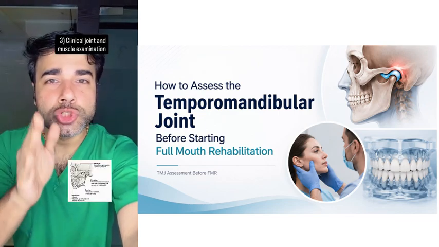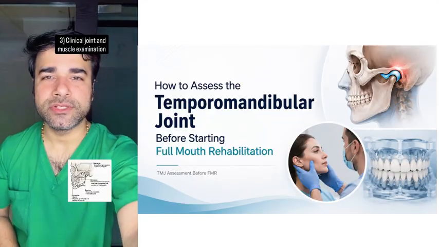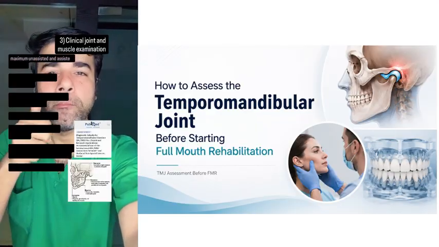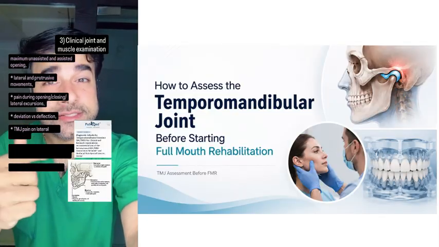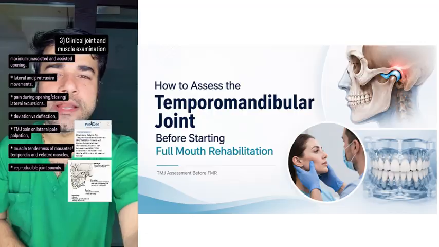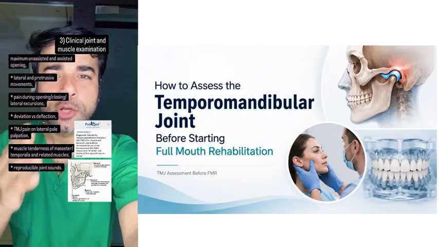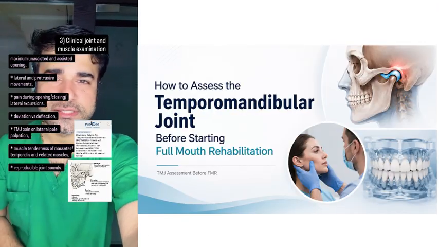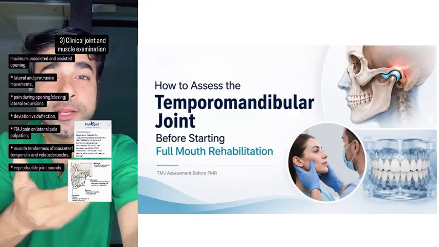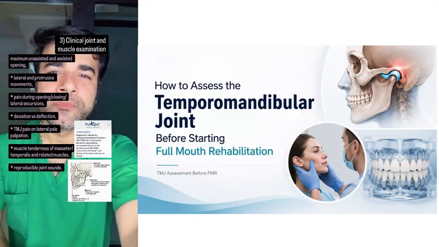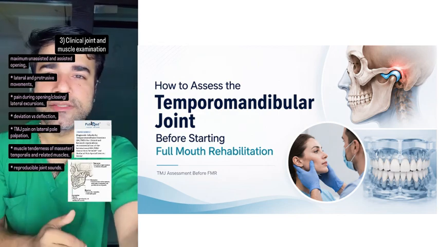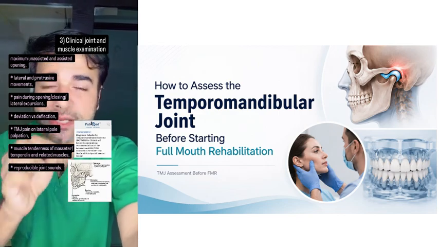Next, clinical joint and muscle examination. Your examination should document maximum unassisted and assisted opening, lateral and protrusive movement, pain during opening, closing, and lateral excursions, deviation versus deflection, TMJ pain on lateral pole palpation, muscle tenderness of the masseter, temporalis and related muscles, and reproducible joint sounds.